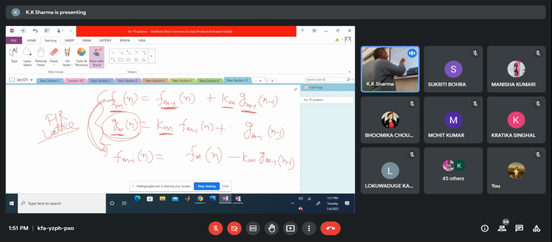I am only writing down this upper FIR equation in this way. And here my f_{m-1}(n) is written in terms of f_m, whereas earlier f_m was written in terms of f_{m-1}. Is that clear? So here I am doing the recursion from higher to lower.